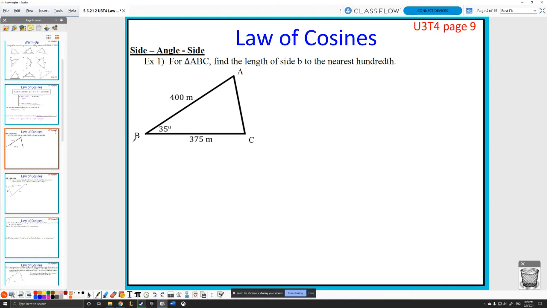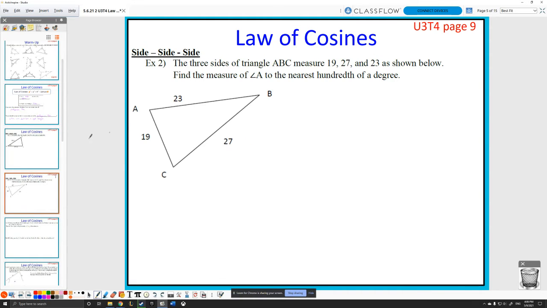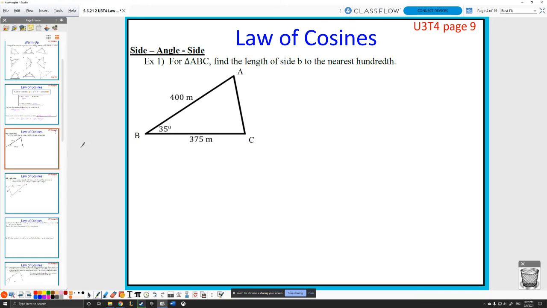The main times you'll use the law of cosines is if you're given a side, angle, and side back to back to back, or side, side, side, three sides. Those are the times normally you'll use it, because you'll notice here I don't have an angle-side pair that I can use for the law of sines.